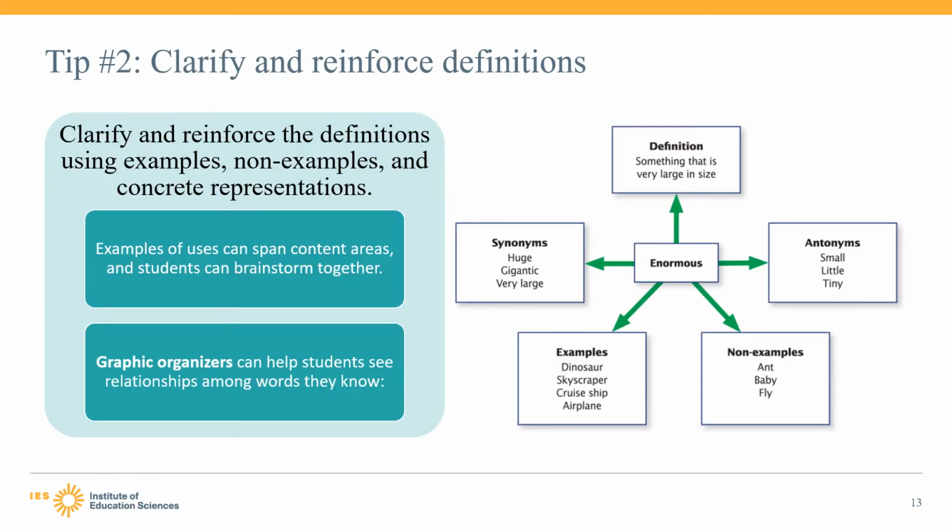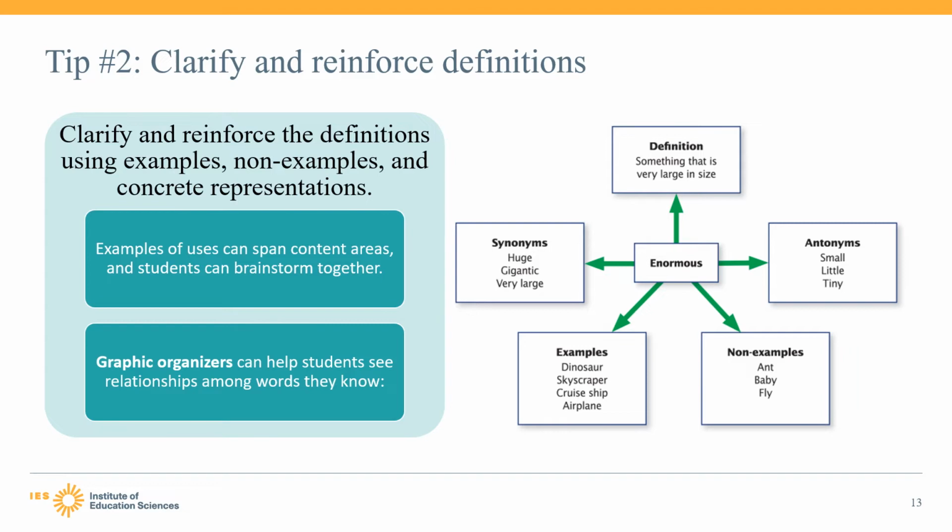The second tip emphasized here is to clarify and reinforce definitions. So once we give students these usable, digestible, graspable definitions that are anchored in the text, then we want to clarify and reinforce them using 3 categories of approaches: examples, non-examples, and concrete representations.